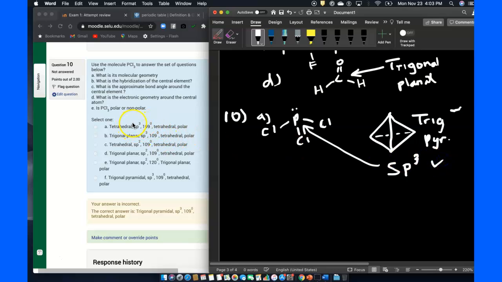Up to that point, I can take out option A. I can take out option C. I can take out even D because it's not sp2. And I can take out E. So I'm left with option B and F.